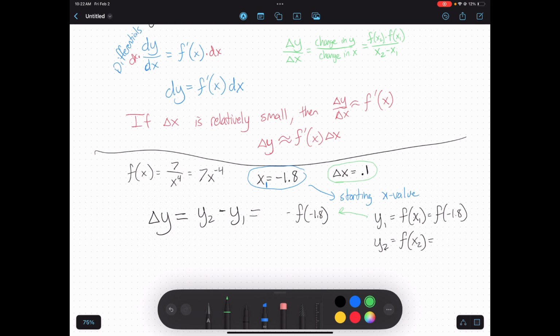So that tells me my x2 is equal to negative 1.7. Do we see how I just went up by 0.1? And because I added 0.1, my number got less negative. So that means y2 is just f of negative 1.7. So there's my y2, minus my y1.